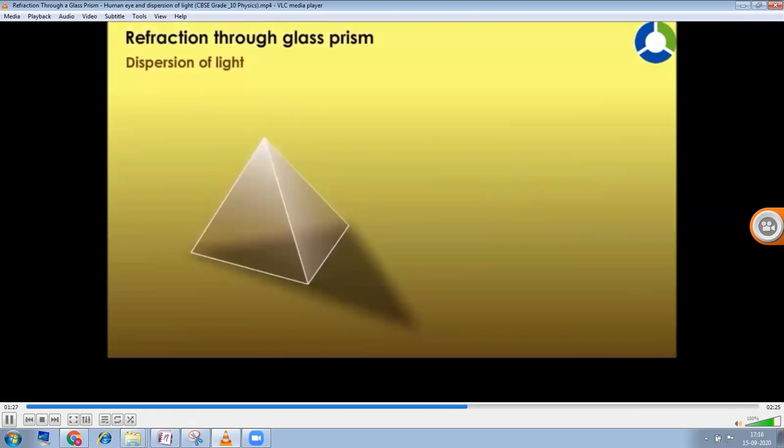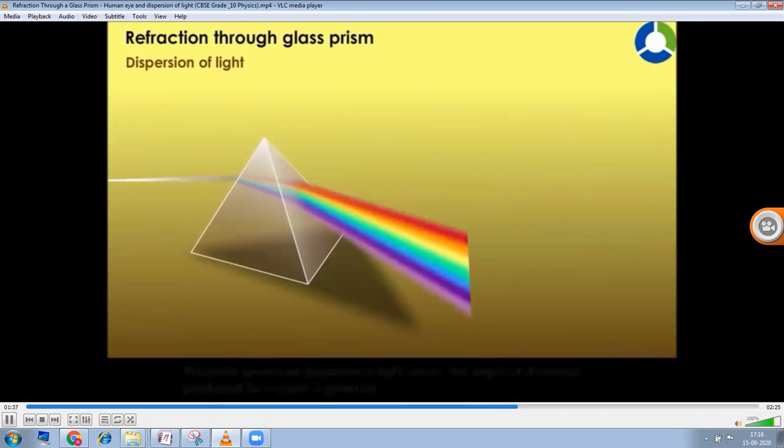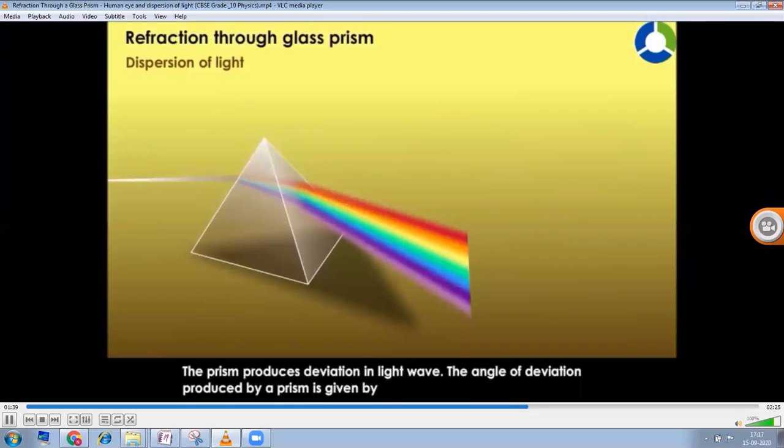Dispersion of light. The splitting up of white light into 7 colors on passing through a transparent medium is called dispersion of light. The prism produces deviation in light waves. The angle of deviation produced by a prism is given by D equals (n minus 1)A.